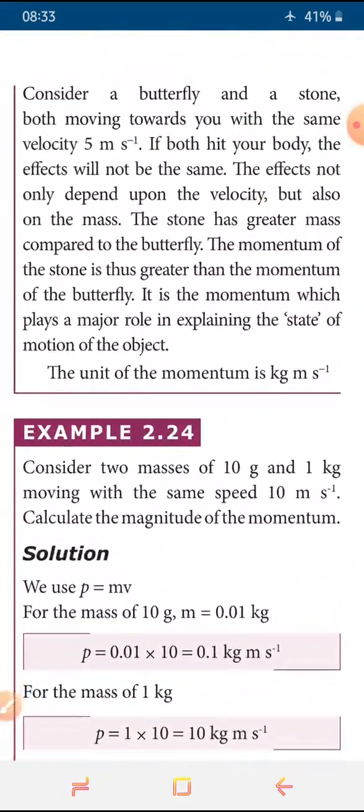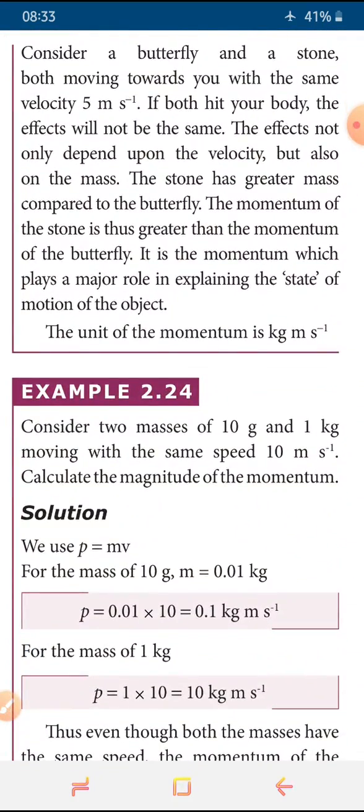Here the simple example: we are considering a butterfly and a stone. These two are moving with a velocity of 5 meters per second. The stone has higher mass than the butterfly. It is not a small stone, it is a reasonable-sized stone. If both hit the body, the effect will not be the same.